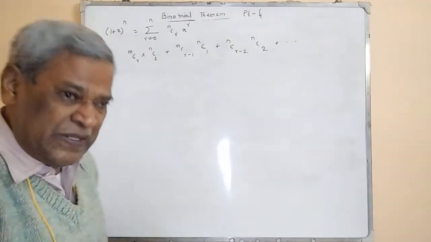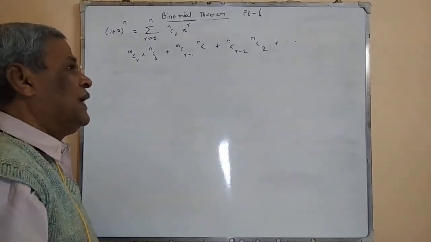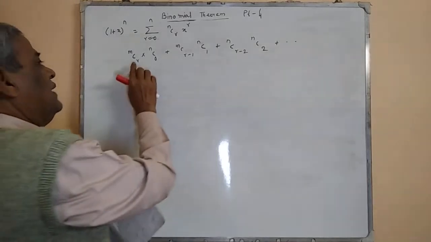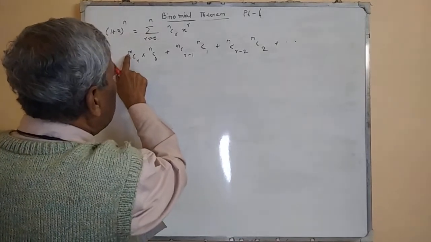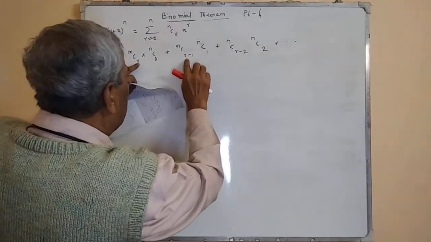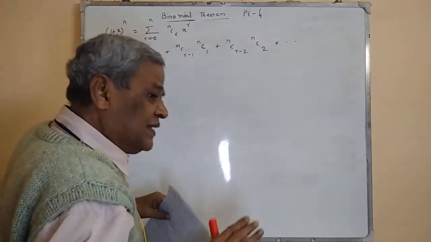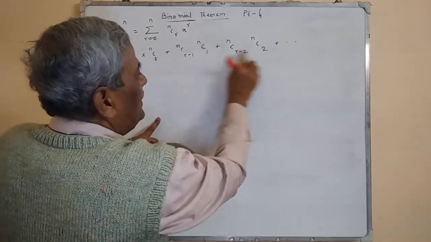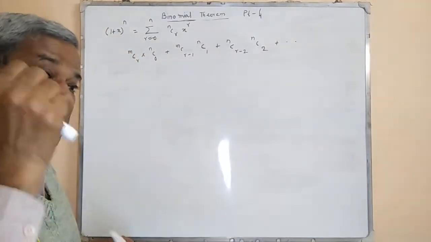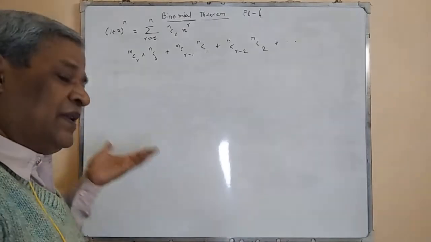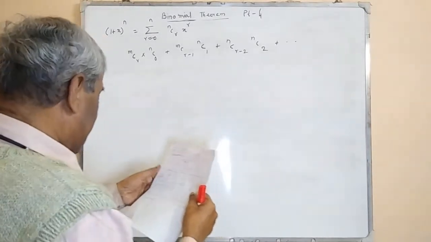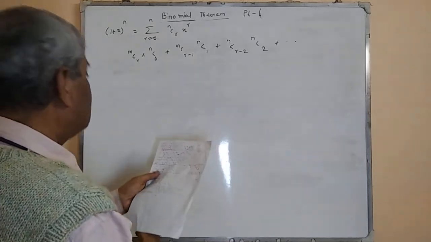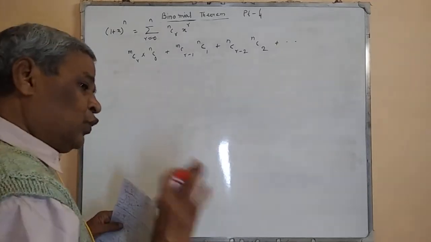So in this problem, in one factor mCr, then r minus 1, each term one is decreased and the other is increased. You see 0, then 1, then 2, the other is increased. In the previous problem, both were increasing. Here one increases and the other decreases. In that case, we have to take two series.